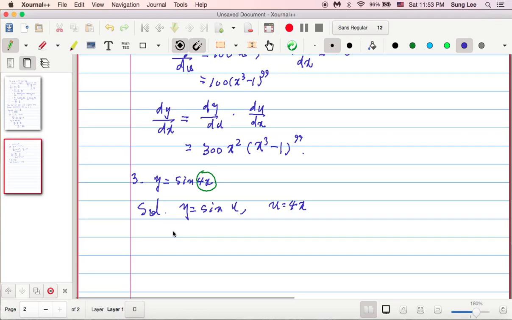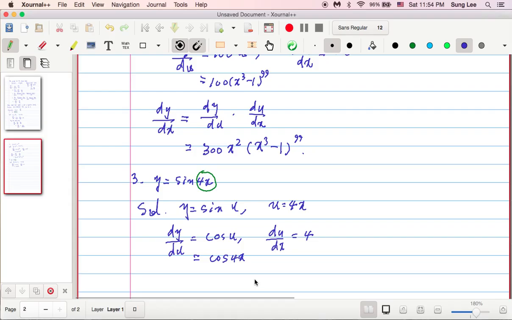Okay, so dy by du, no problem. We know how to find the derivative of sine, right? That's cosine of u, and du by dx equals 4. In fact, we're going to write cosine of u as cosine of 4 times x.